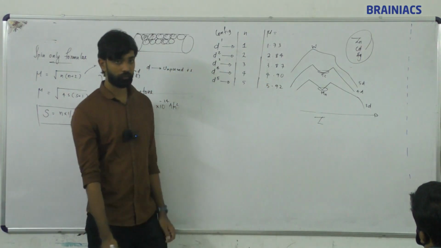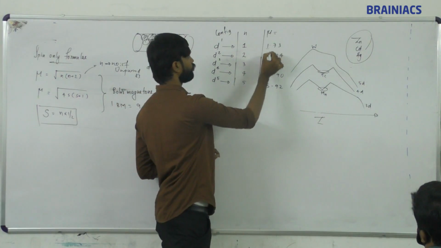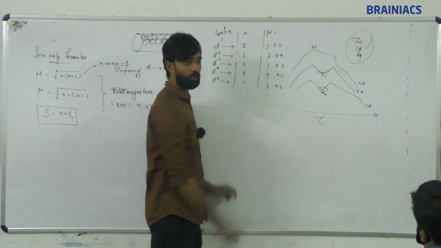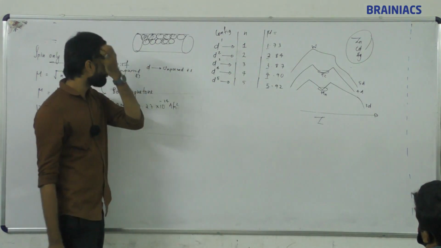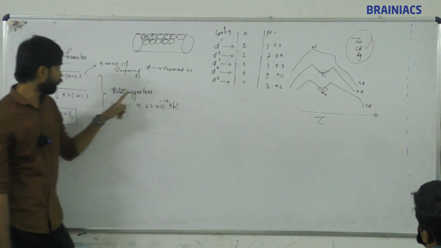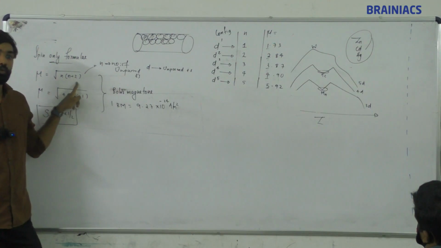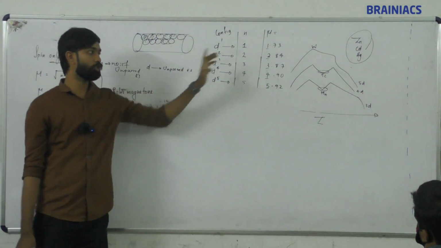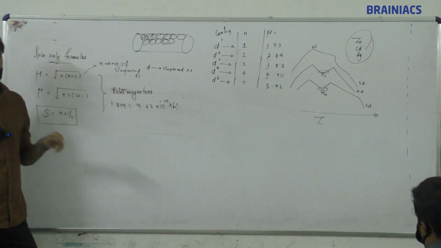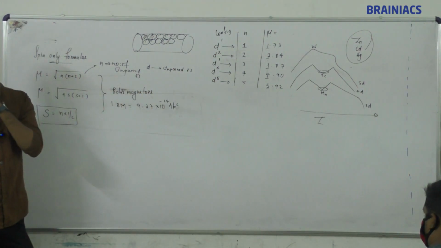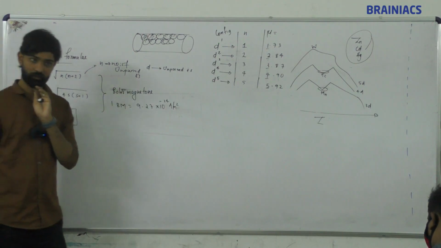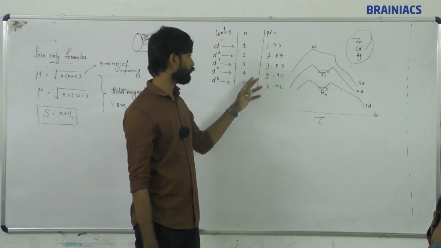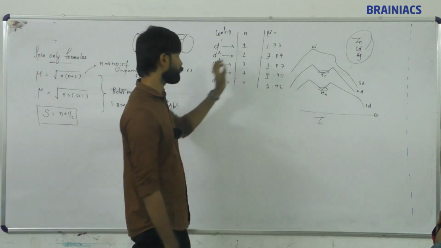So it is clear that the first value is exactly the same as the number of unpaired electrons. If n is 1, root of 1 into 1 plus 2, root 3, 1.73. If n is 2, root of 2 into 2 plus 2, root 8, which is 2.84. If you solve using this equation, this will be the value.